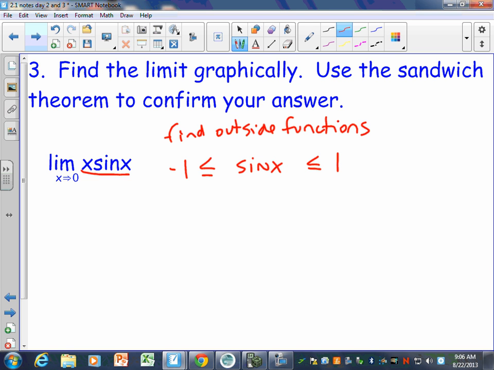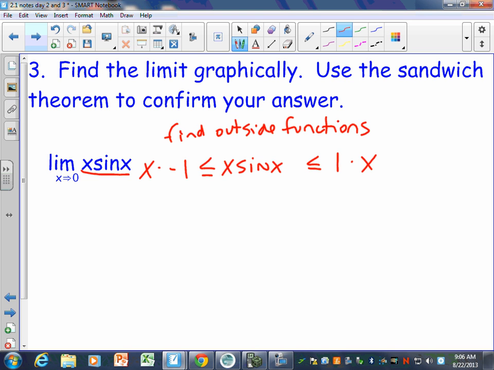If I want to put an x in here, then I have to put an x out here and out here to keep it all balanced.